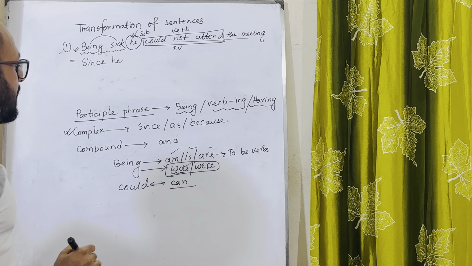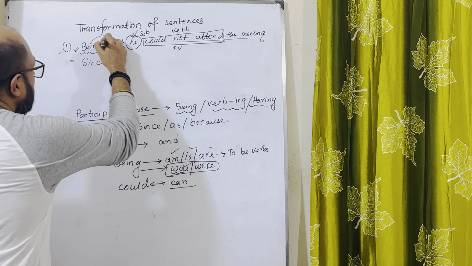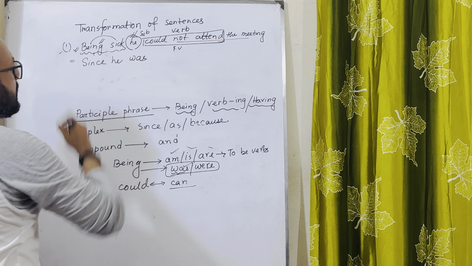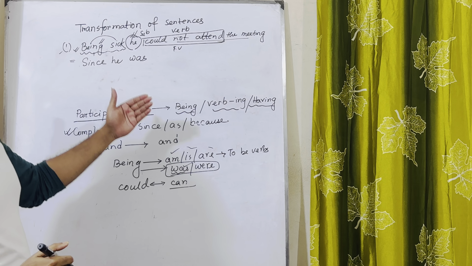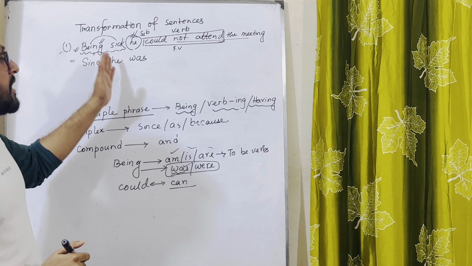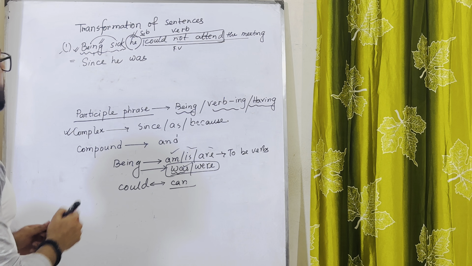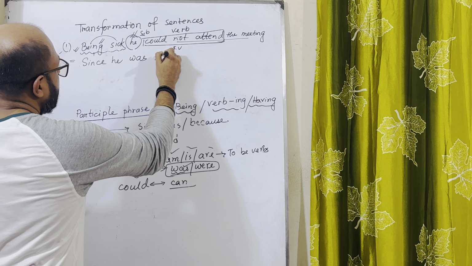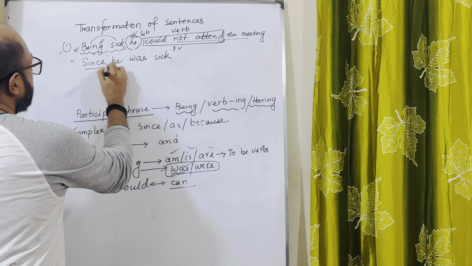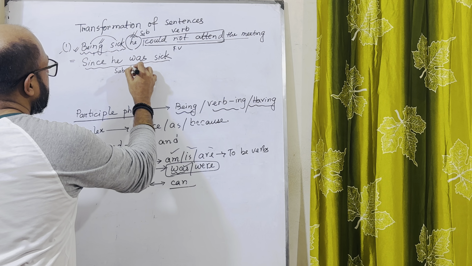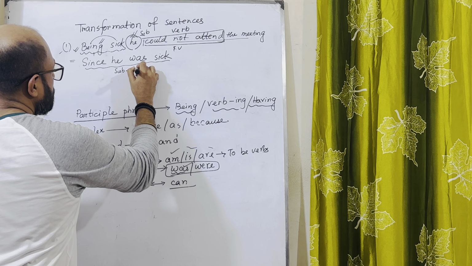Since he, and after that I will convert this non-finite verb being into a finite verb was, because if we go through subject-verb agreement, we know that for a third person singular subject we need was. Since he was sick. This section is my subordinate clause.